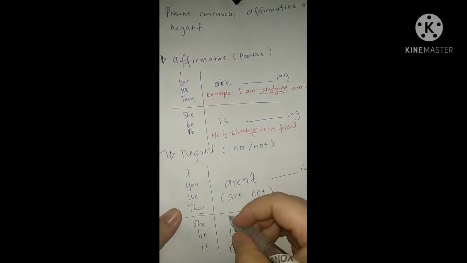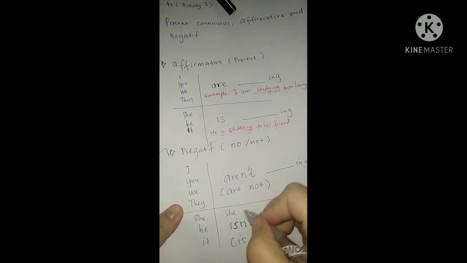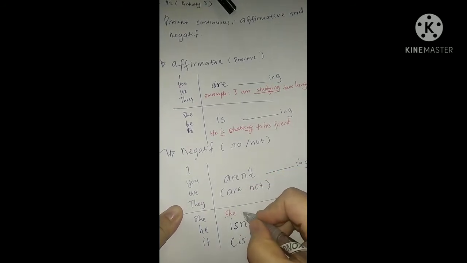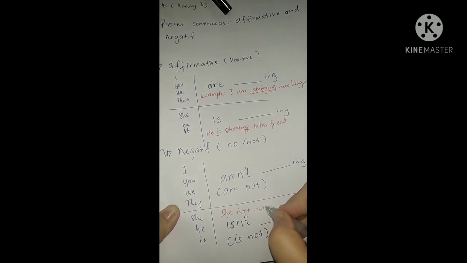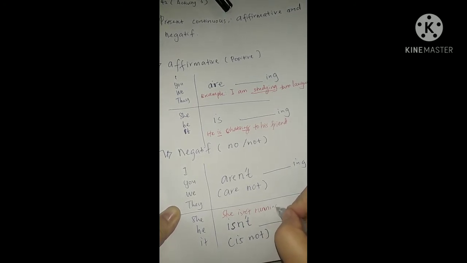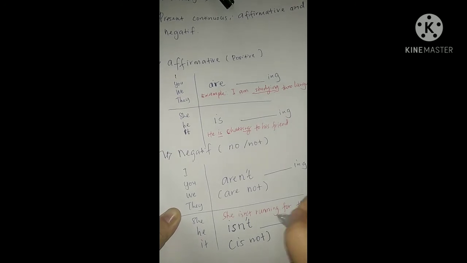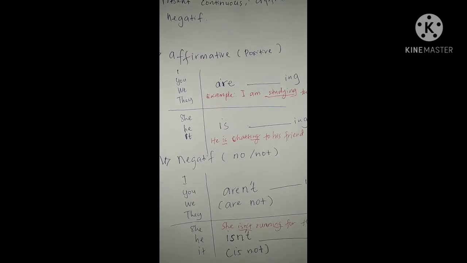So the example here is for negative. She ran, right? But no, she's not running. So she isn't running for the bus. Plus ing and isn't for negative.